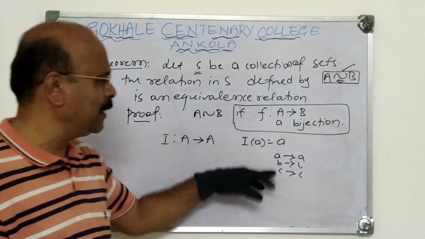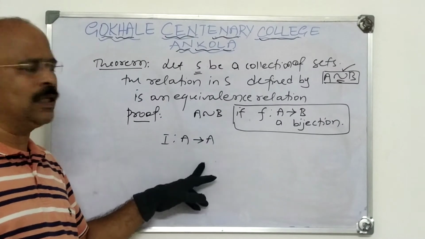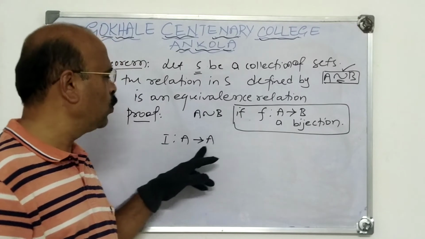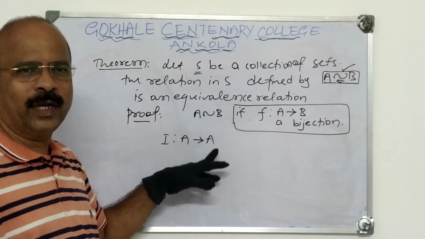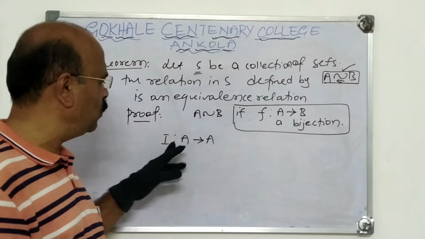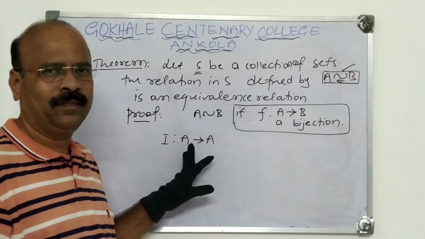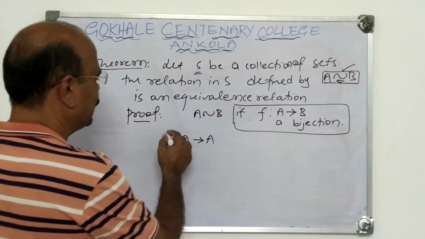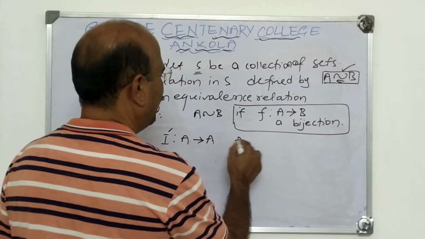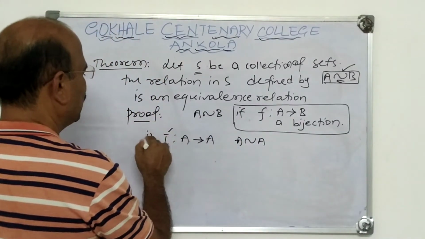This identity function is always a bijection, one-to-one function. The interesting thing is we do not prove that the identity function is one-to-one; we know that the identity function is a bijection. Therefore, there exists a bijection from A to A. Therefore, A is equivalent to A. Therefore it is reflexive.